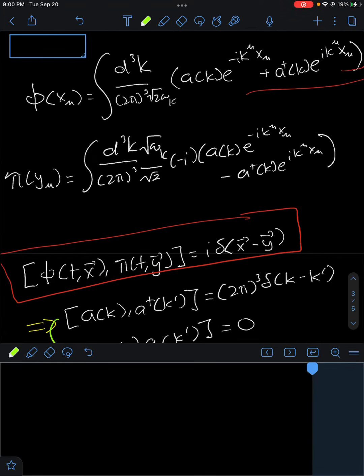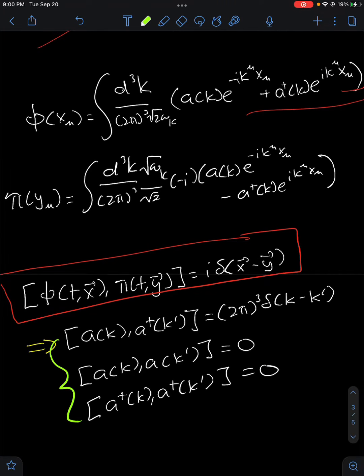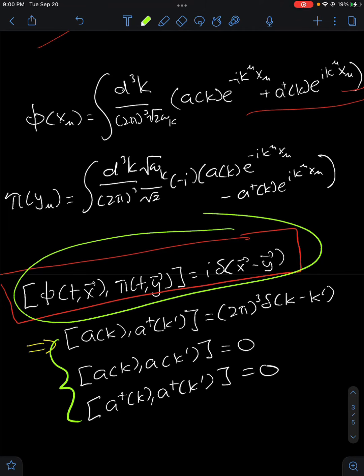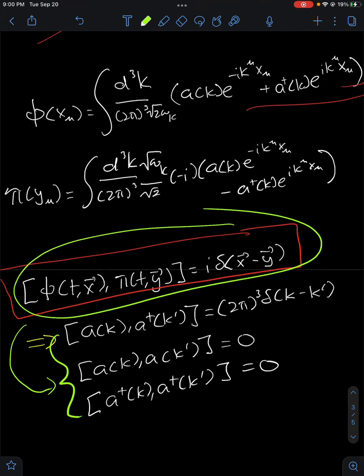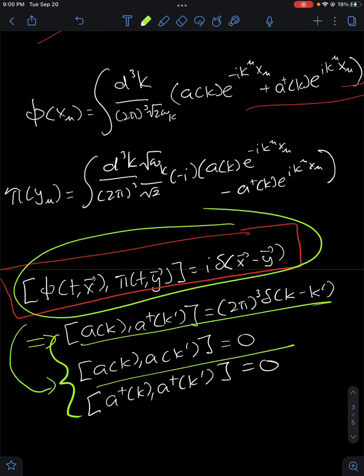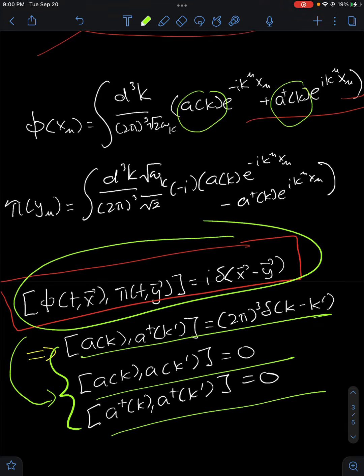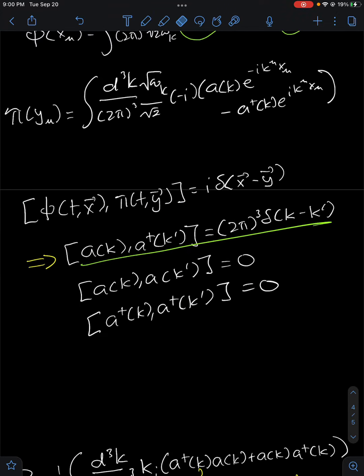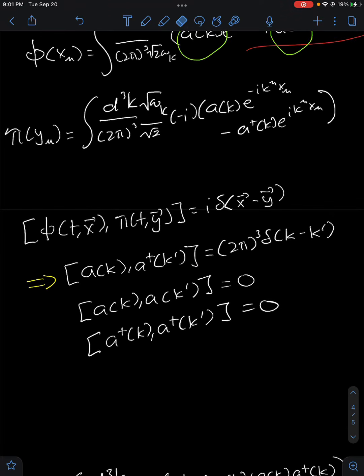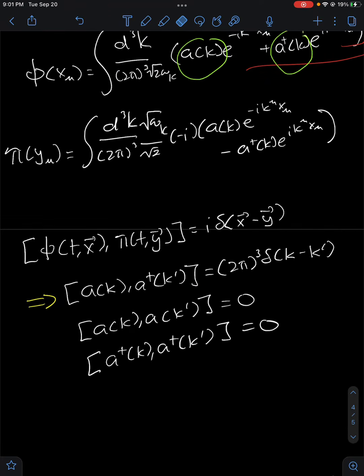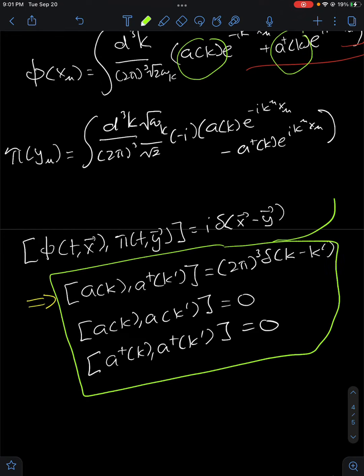So basically what we're saying here is that if the field and the field conjugate act this way, then it is a requirement that we have these commutation relations with our a of k and a conjugate k. An alternative way to define a quantum field theory is to start off with these relations and then derive this one. So we could work in either order.